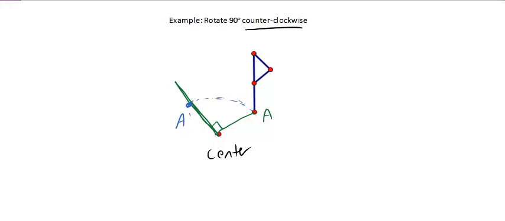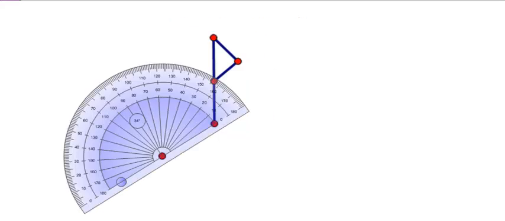Just in case you've forgotten how to use a protractor, we want to line up this bottom line with the line connecting the point and the center, and then I would look around here for 90 degrees, and basically we would just make a point and then use a ruler to create that line that forms our 90-degree angle.